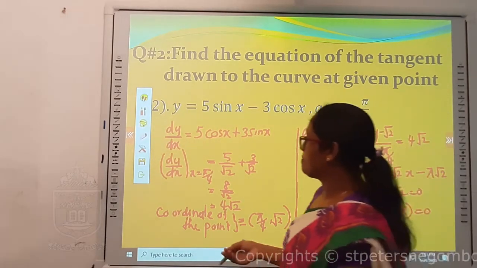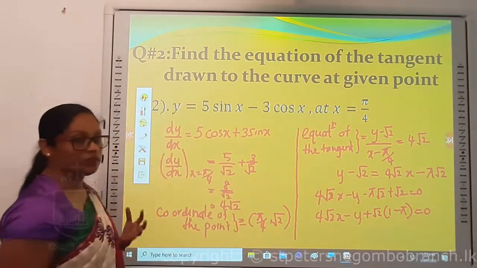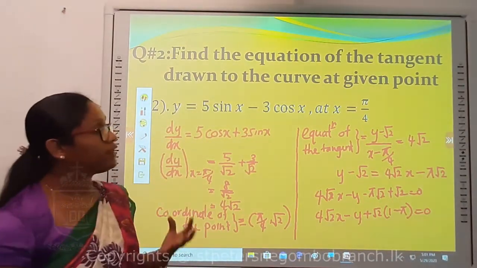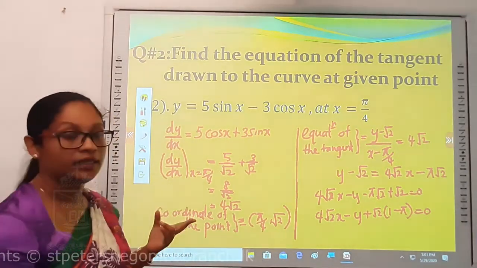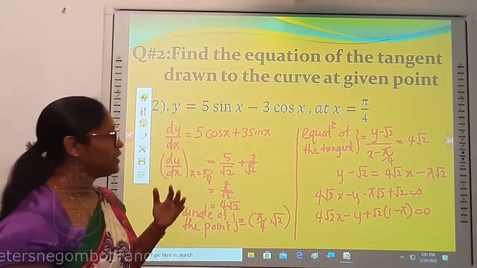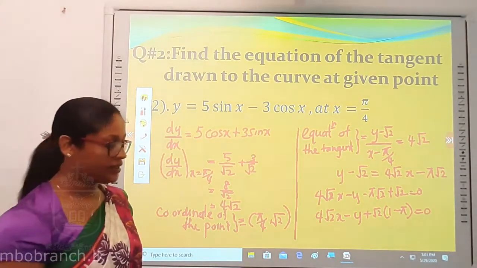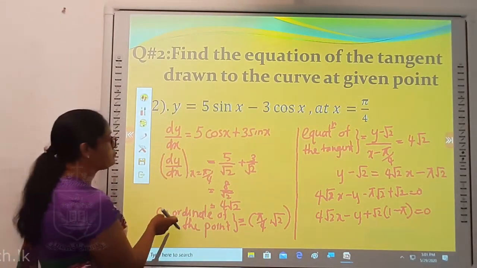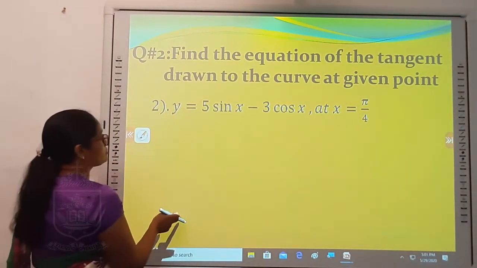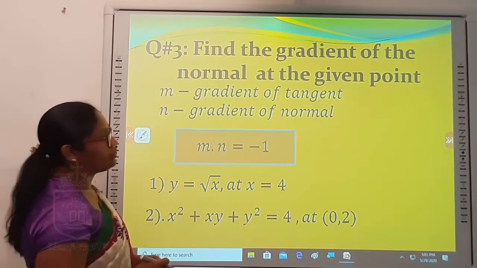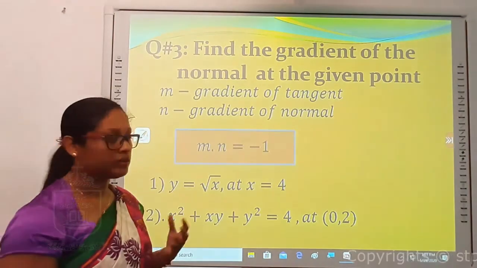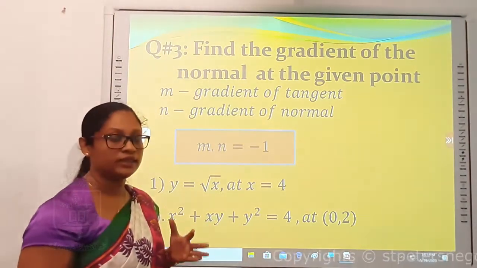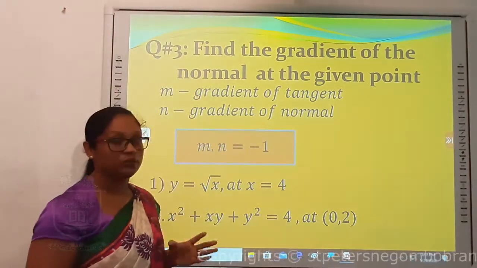Right? So in the first question we found the gradient of the tangent and also the respective point, and in the second category of questions, we found the equation of the tangent. Third one, we want to find the gradient of the normal. Already I showed you what the normal is, that is the perpendicular line drawn to the tangent.